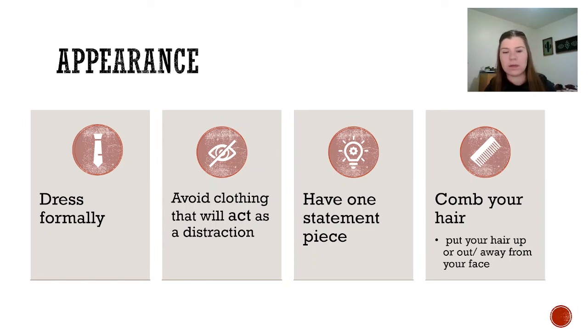So you want to allow them to pick out one thing about you that they're going to be able to remember or jot down, so that when you get up, say, to do your impromptu, they're like, oh yes, this is the girl that was really good with her eye contact in her prepared speech. So it's always important to have one statement piece that the judges can remember you by.